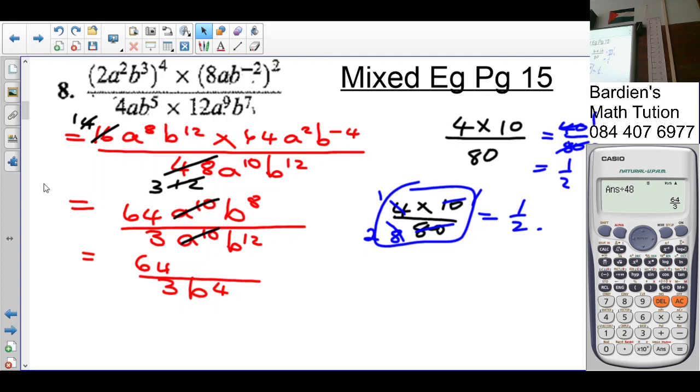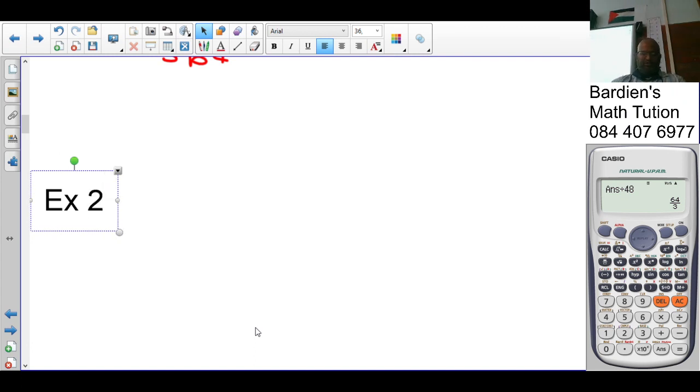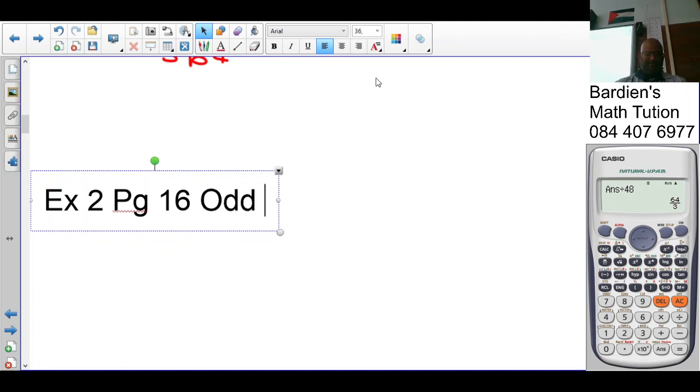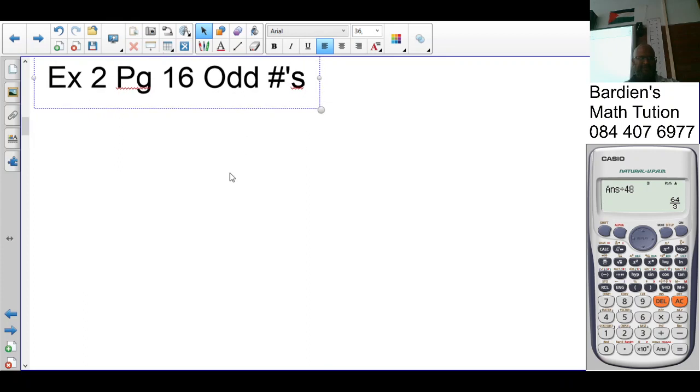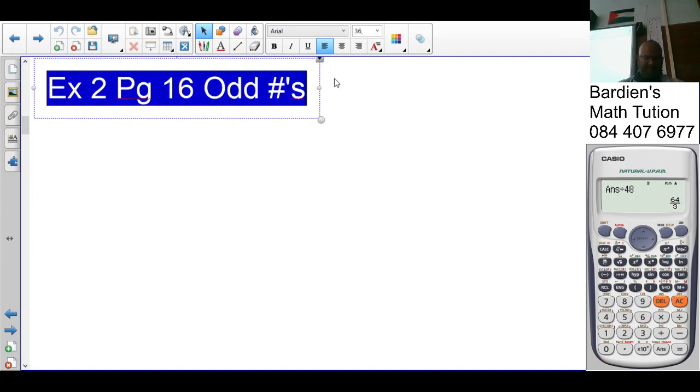Okay. So let's answer the homework quickly. The homework was out of exercise 2, page 16. You had to do the odd numbers only, no?